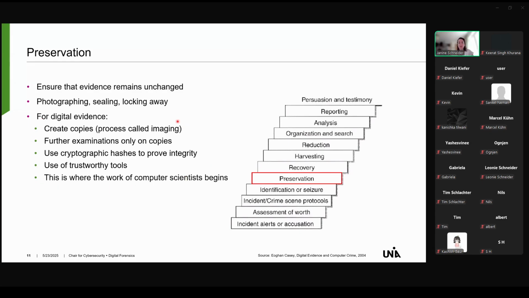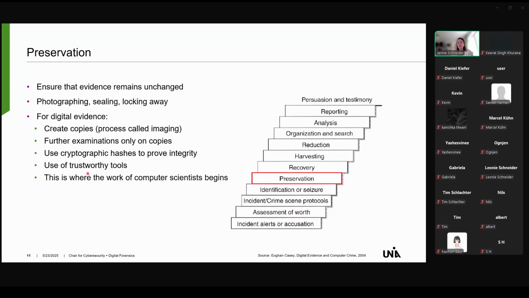And that I already said. For digital evidence, create copies, further examination only on the copies. Cryptographic hashes are used to prove integrity later on. For example, if the defense claims that something was changed, then you can prove the integrity of the digital evidence by using cryptographic hashes.